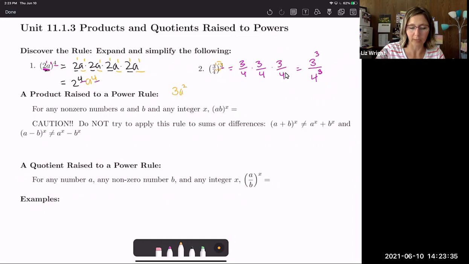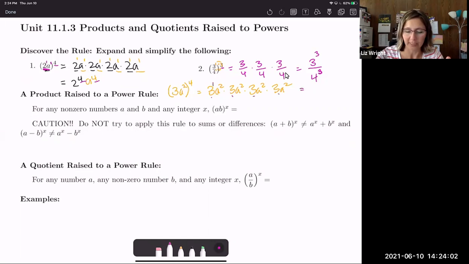3a squared, and we were raising that to the fourth power. So I want you to think about that. We had that one instead. So that again would mean that we would have 3a squared times 3a squared times 3a squared times 3a squared. So if that's the case, then how many 3's do I have? 1, 2, 3, 4.